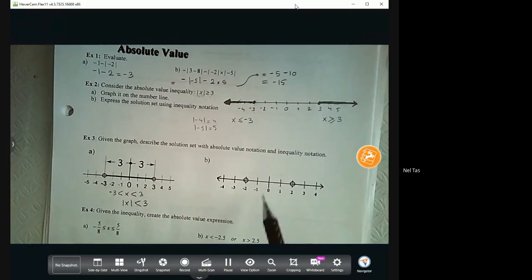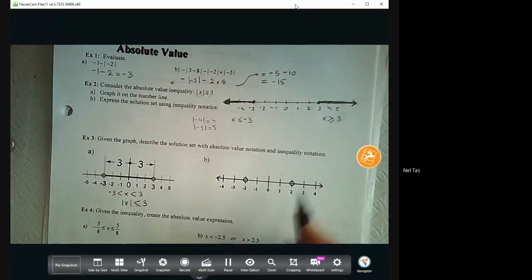Okay, having said that, now let's write the same thing here, first with inequality notation, and then with absolute value. We see now x must be greater than 2, and also less than -2. So x greater than 2 and x less than -2. Okay, so that is inequality notation.